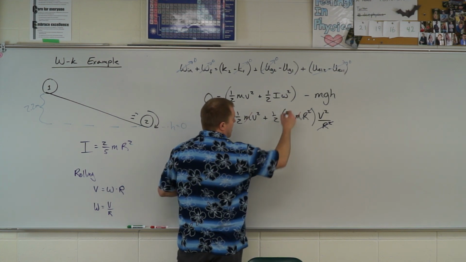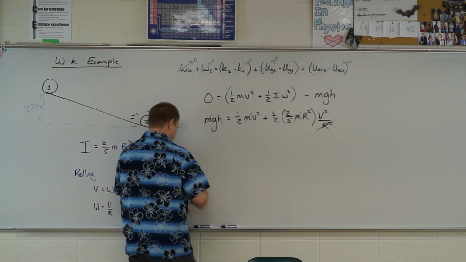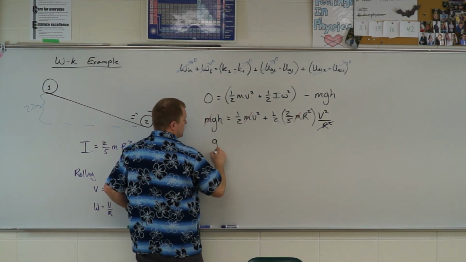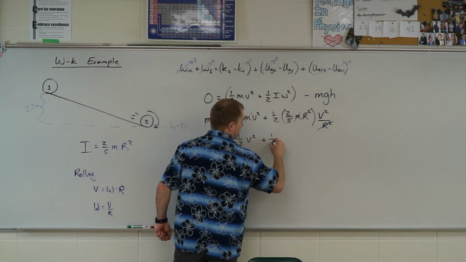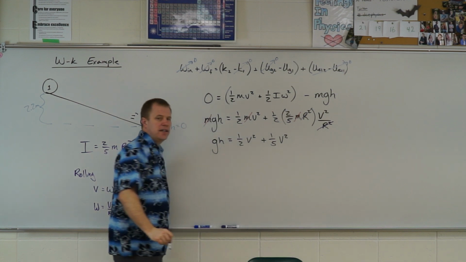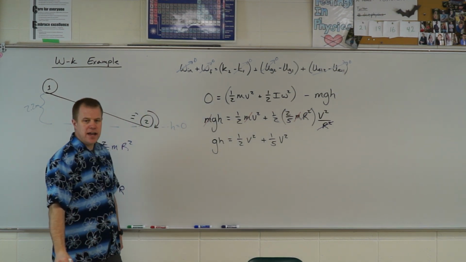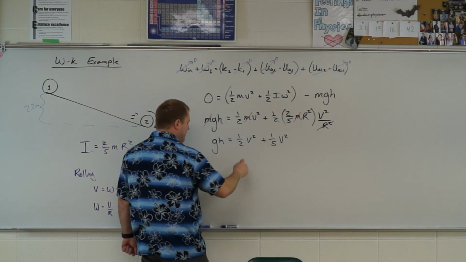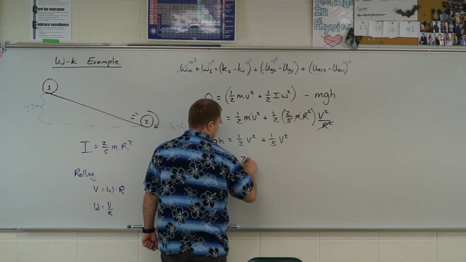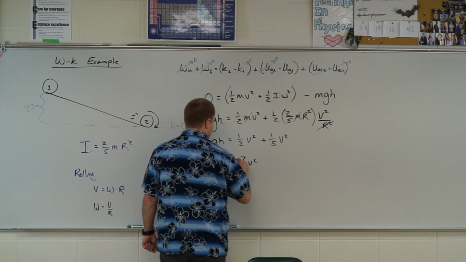I have a 2 on top and the bottom here, so we'll get rid of that. Now we're left with gh is equal to 1/2 v squared plus 1/5 v squared. Take you back to 4th, 5th grade, adding fractions. A half plus a fifth gives me 7/10. So I have 7/10 v squared over here.